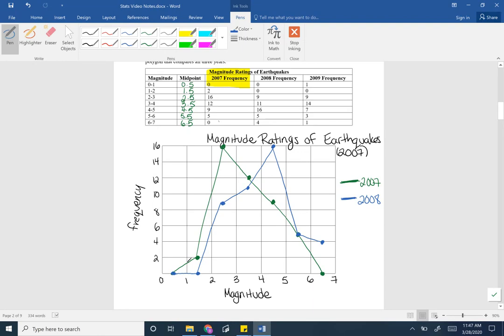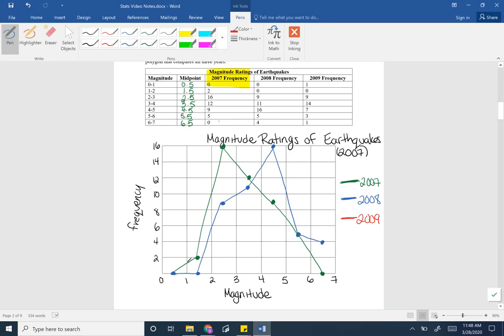In some frequency polygons, what you may see is that they take the endpoint and connect it back to the x-axis. There's no real rule. Some of them will connect it back, some of them won't. For me personally, I don't like to. I like to just leave whatever last data point I have. I'm just going to leave it like that. Next, let's do 2009. So I'll use red for this.